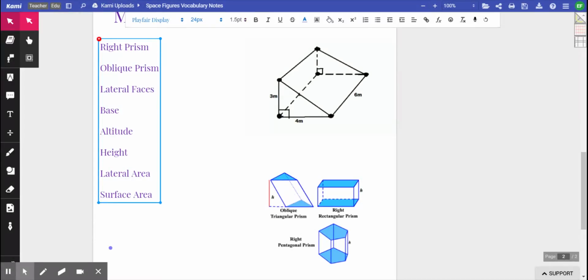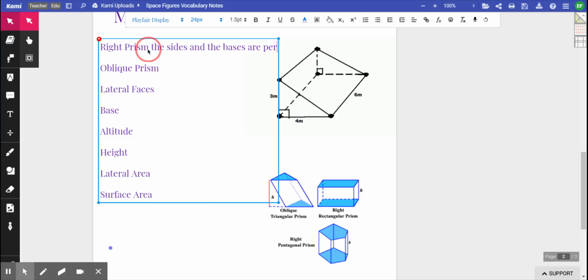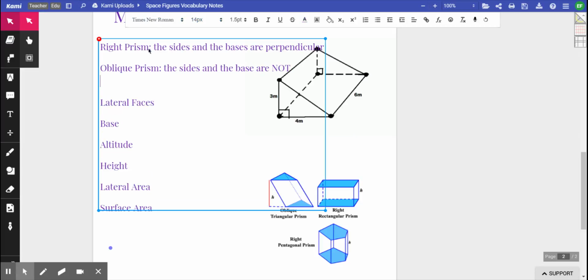So in a right prism, the sides and the bases are perpendicular, versus an oblique prism, where the sides and the base are not perpendicular.